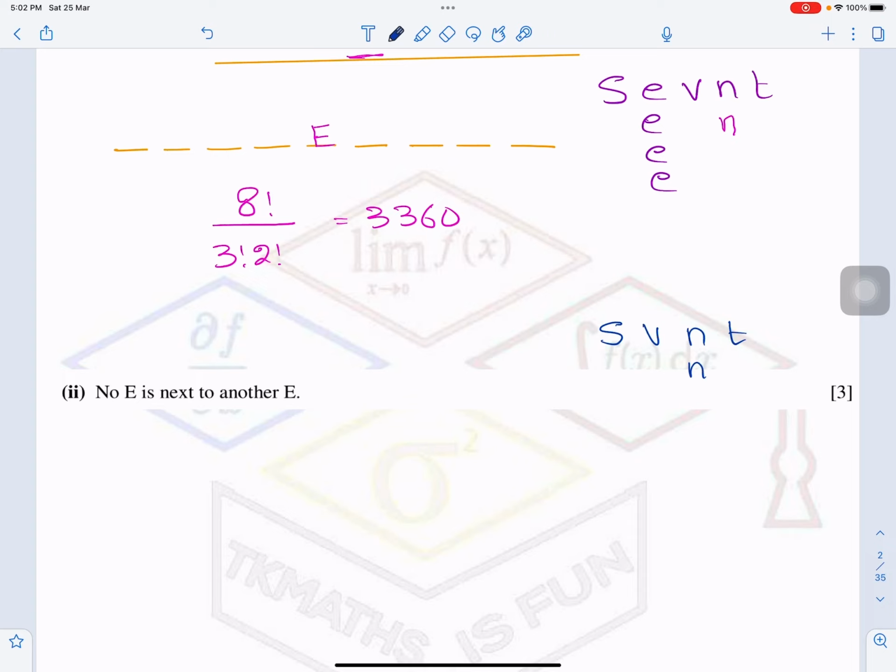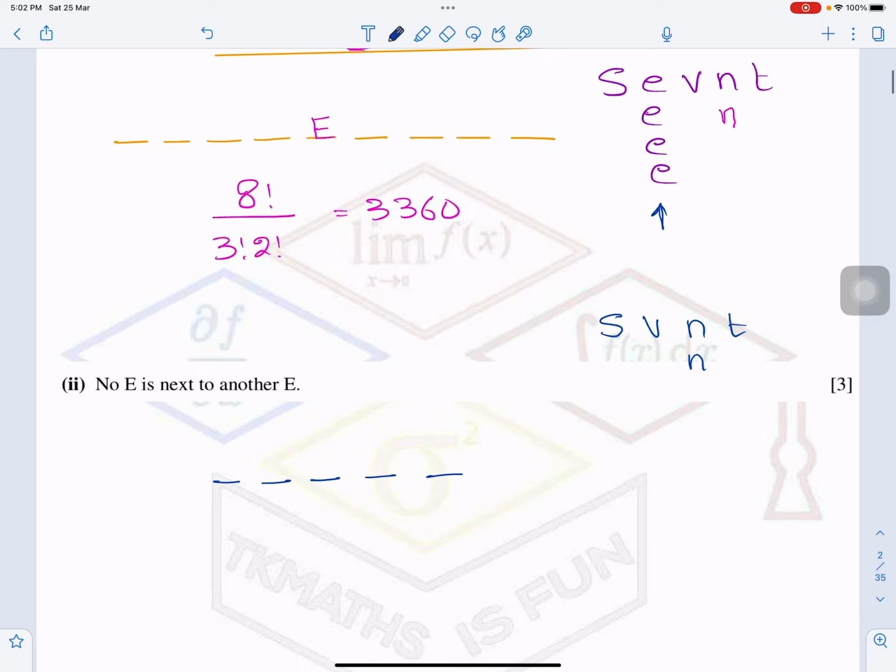First of all, whatever you want to separate, which are the E's, forget about them. See how many are the remaining letters. They are 5, so put 5 dashes. Now these 5 letters have no problem, so for them I will write 5 factorial divided by 2 factorial because the N's are identical.